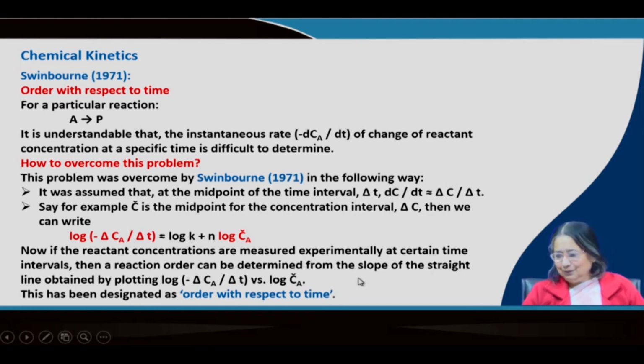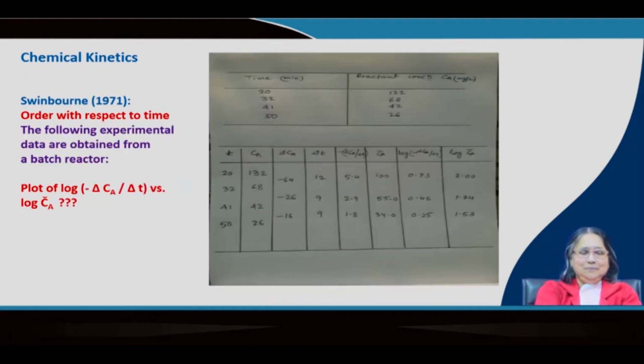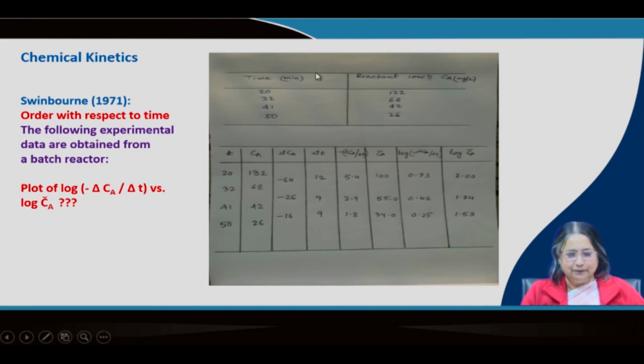Now, let us see with some example. Here you can see the experiment that is done in a batch reactor, and this is the time in minutes: 20, 32, 41 and 50.